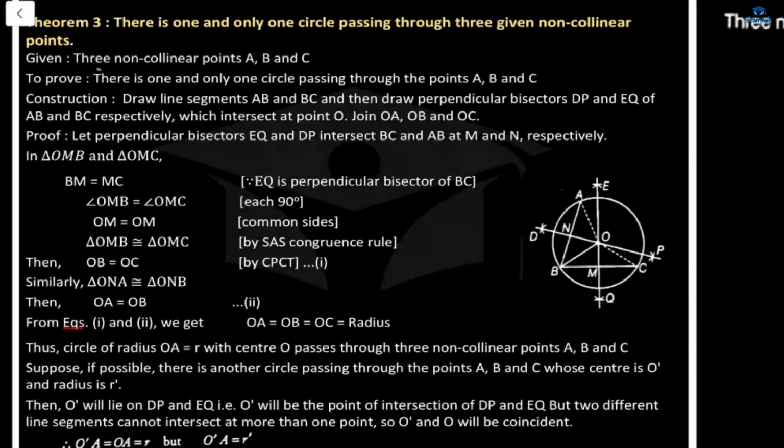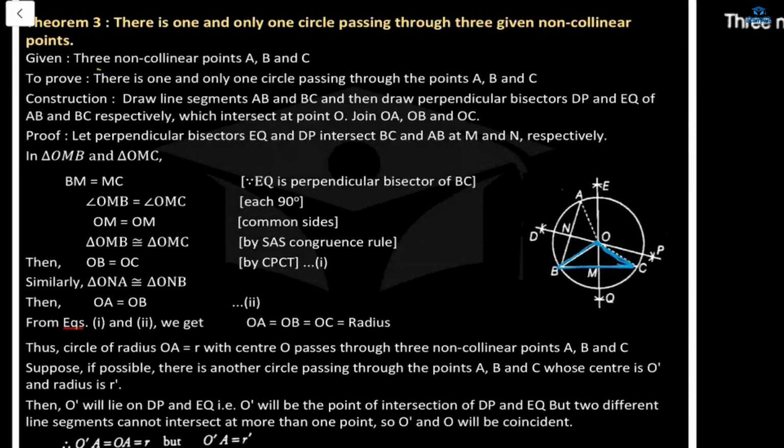After joining, see the triangle OBM. We have to prove that OB is equal to OC, and similarly we will prove that OA is equal to OB. So there are two triangles, and we have to prove them congruent.